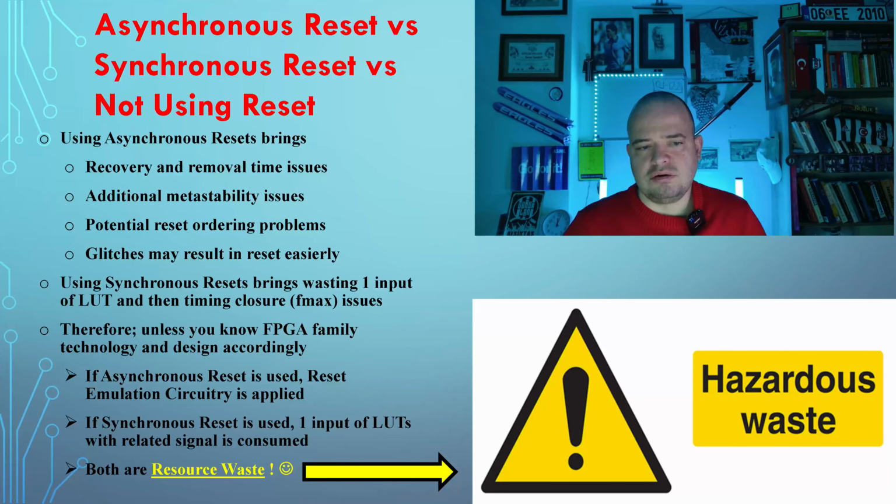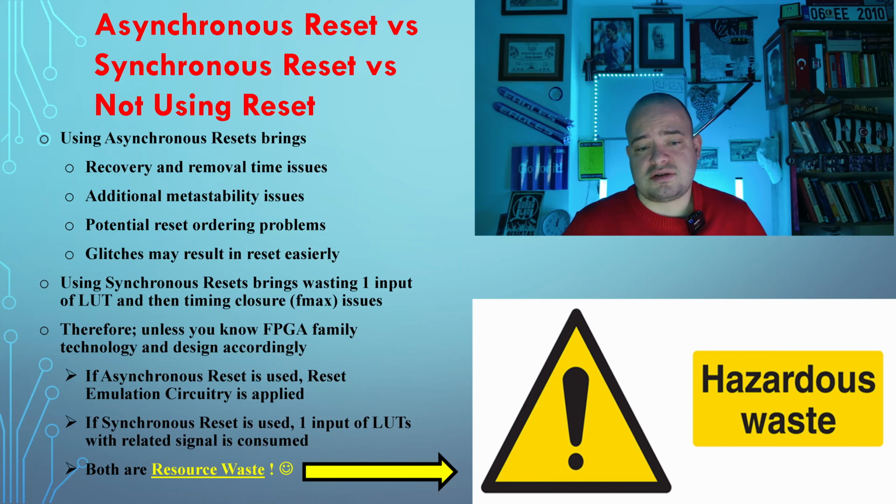Therefore, a conclusion here: unless you know the technology of your FPGA family, and unless you design accordingly, if you are using an asynchronous reset, a reset emulation circuitry will be applied. So this is a waste of resources. Also, as I said, if fan out is high, then you will end up with some routing congestion and routing issues.